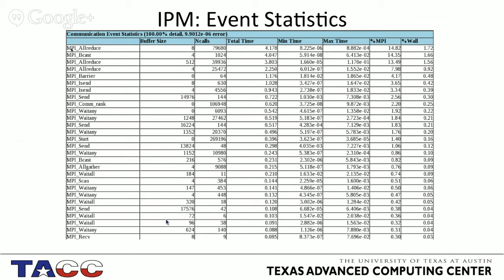For example, if you see that you're spending, and this is not the case in this example, but if you see, well, yeah, there's a case here. So you see these MPI_Isends, they're using almost 5%, 4% of the communication time each. They're tiny. They're only 8 and 4 elements long, right?